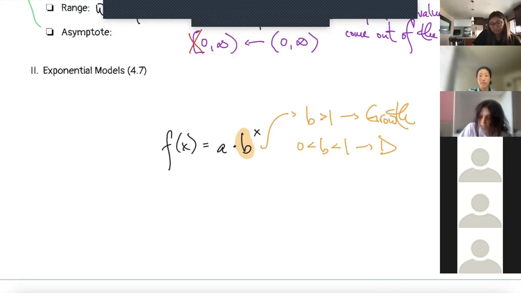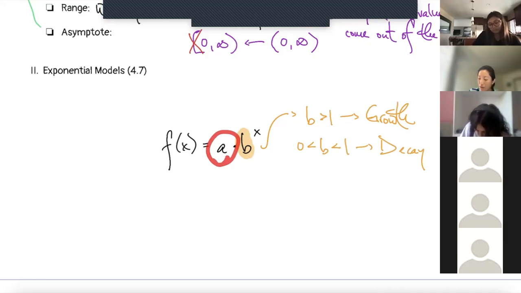We want to be really thoughtful about how we find our b value. As we go through word problems, they will typically tell us the initial value, what a equals, and you'll put that number right there.